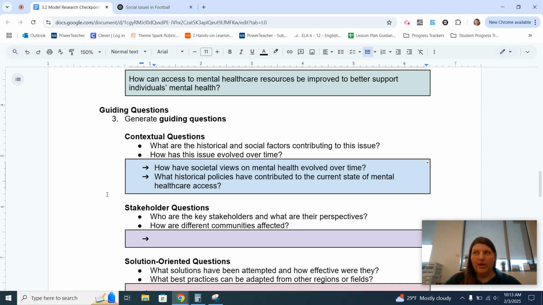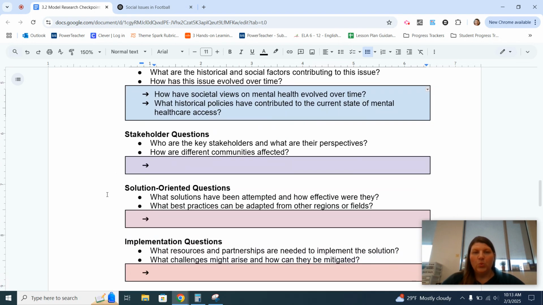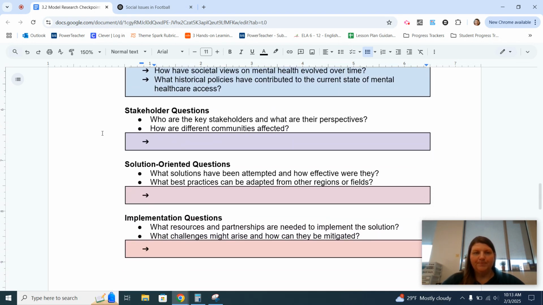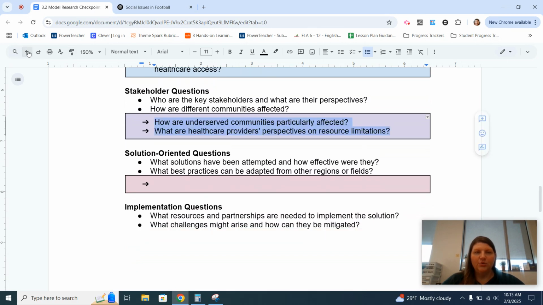So there were some pretty narrow-minded policies put in place in the past that have contributed to the way that we see mental health care now, as well as the services that were provided. Stakeholder questions: who is affected and how? How are underserved communities particularly affected? So people with limited resources, how are they affected even more than those that have more privilege?